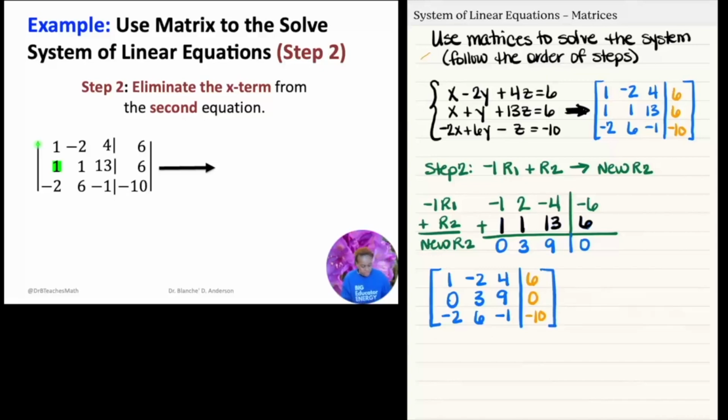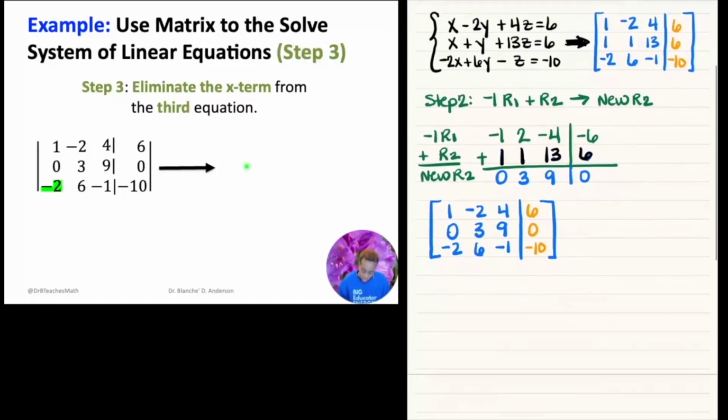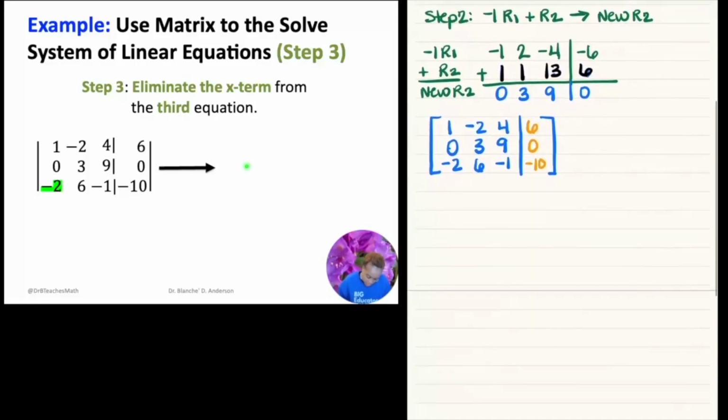So that's what it looks like after that. The 1 became a 0 because we eliminated that term. You don't want to leave a space. You actually want to put a 0 as a placeholder. So now, step 3, we need to eliminate the x term from the third equation.